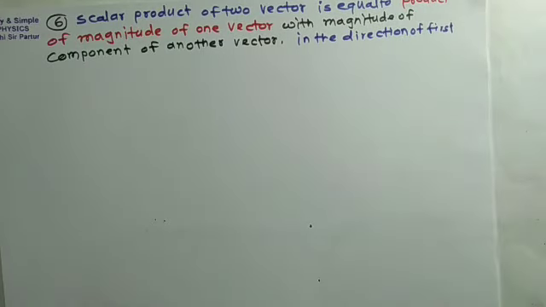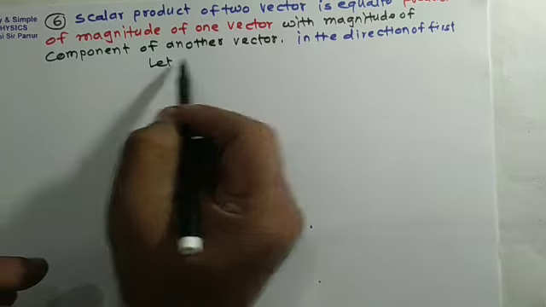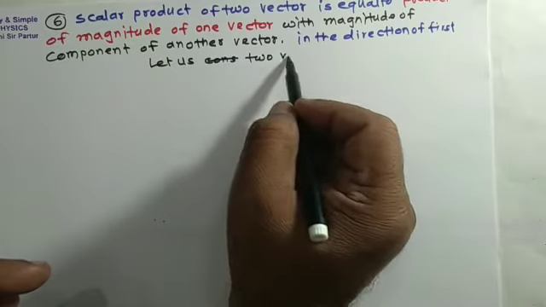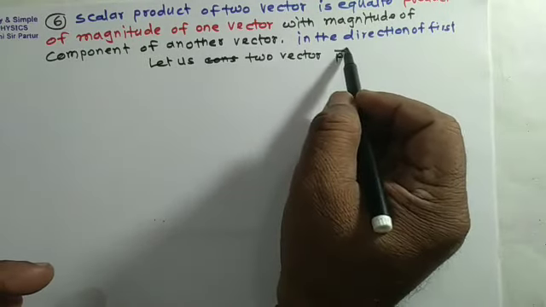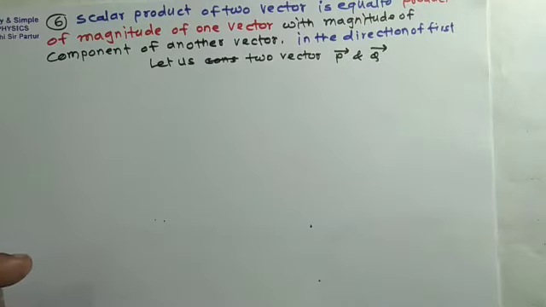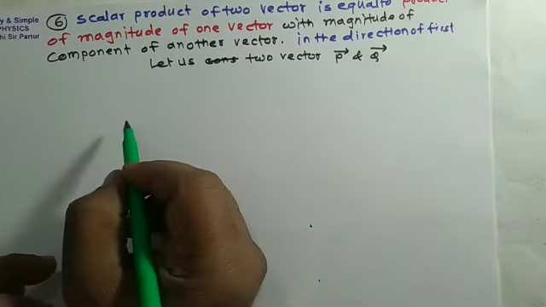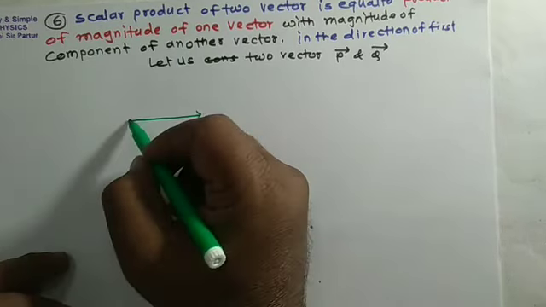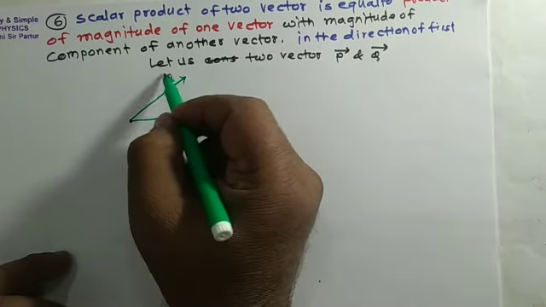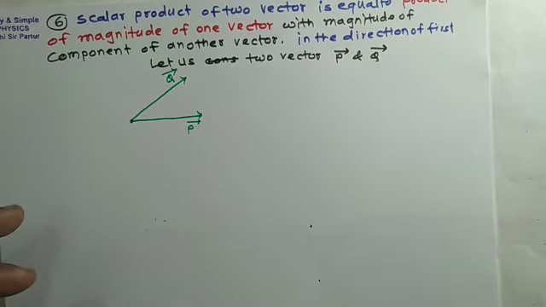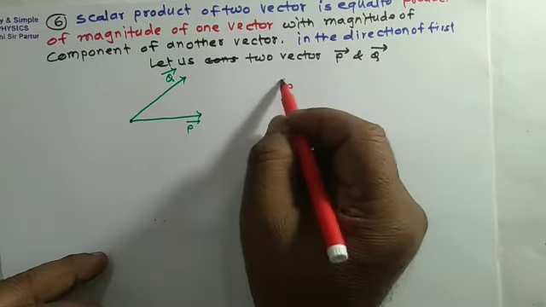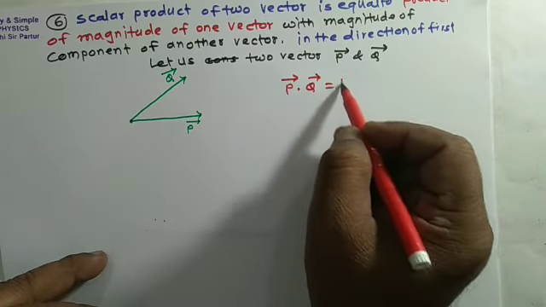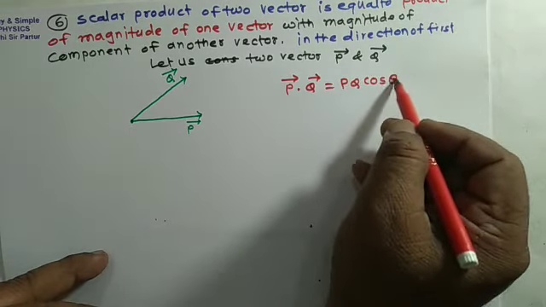So here consider the two vectors, vector P and vector Q. Okay, so we can say that the scalar product of vector P dot vector Q will be PQ cos theta.